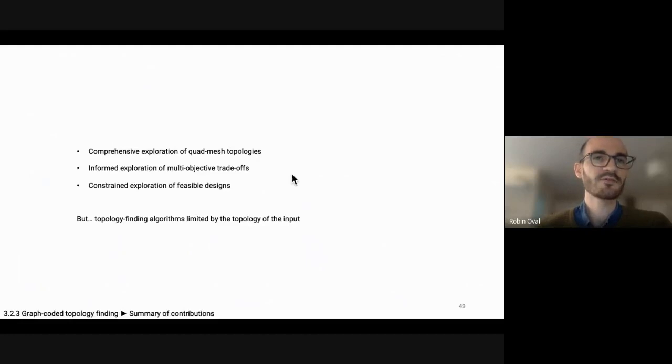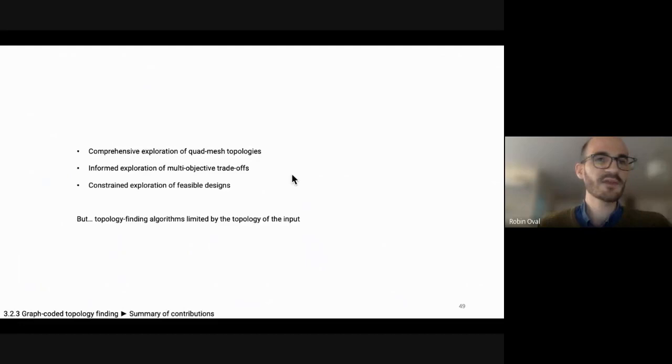And just now with a two-coloring constraint, we're able to reduce this gigantic design space to just the ones that are feasible for, in that case, a specific system, which was solid structures, that applies to a wide set of systems.